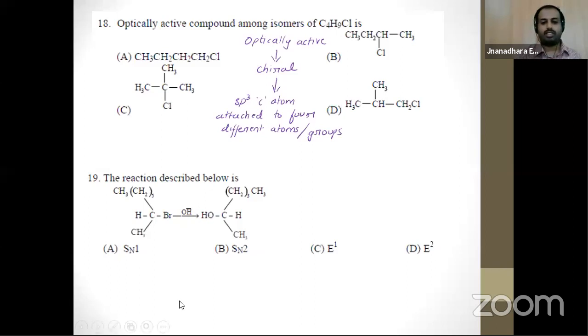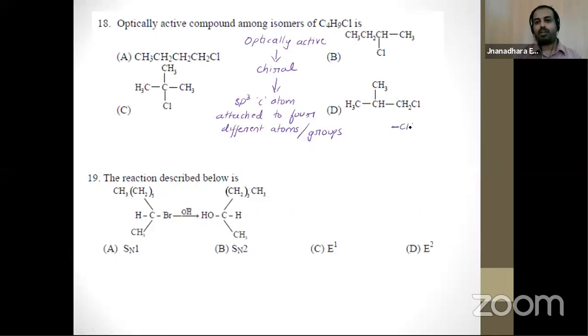So let me see how many of you answered it. Okay, B is what is suggested by everybody. Unanimous. Good. Here there is a clue that you need to remember. A CH3 carbon and a CH2 carbon.